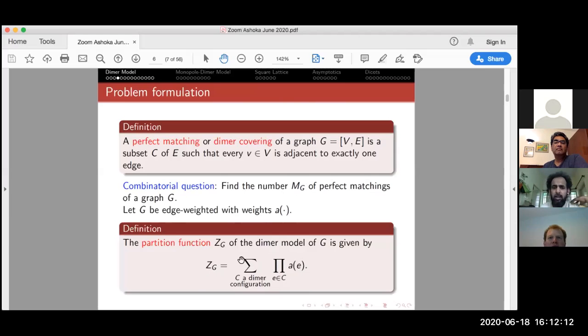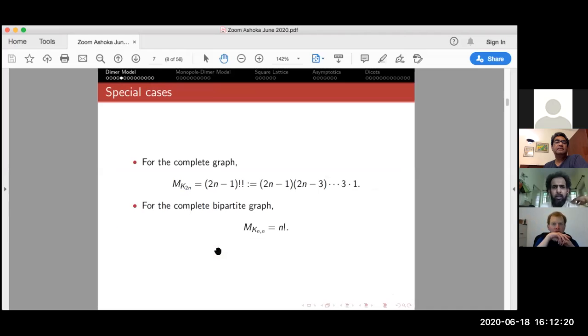When you sum all of them, you get something physicists call the partition function, which I'll denote by Z_G. Two simple cases that you can analyze quickly: the complete graph on 2n vertices, K_2n.